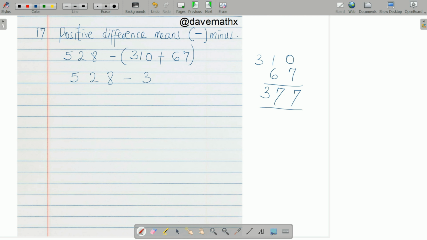Next, we calculate the positive difference between 518 and 377. The final answer becomes 151.